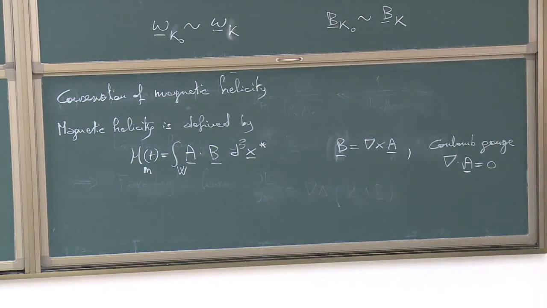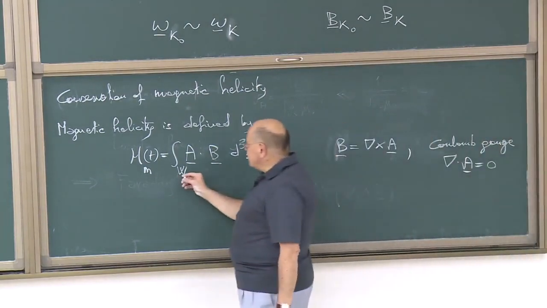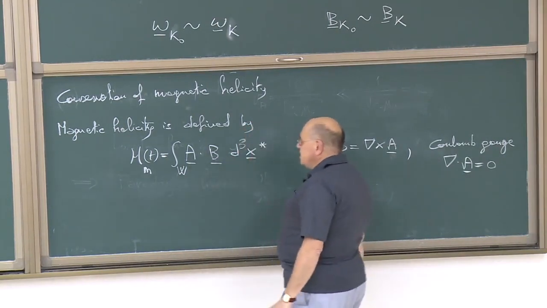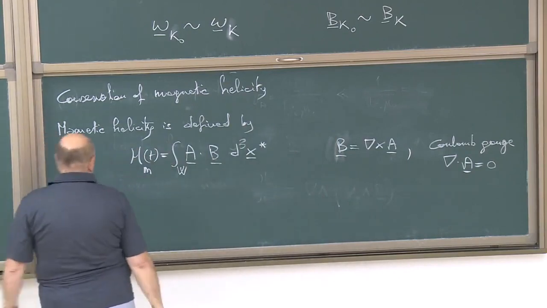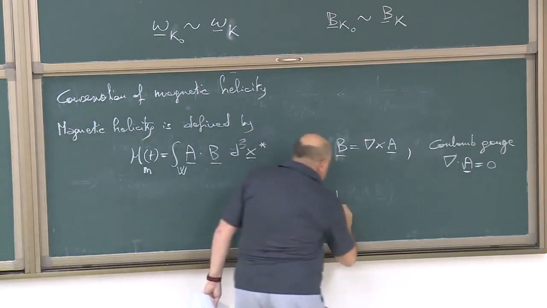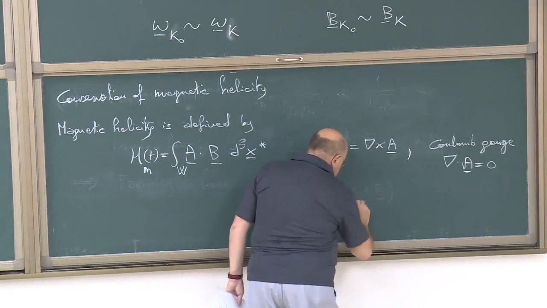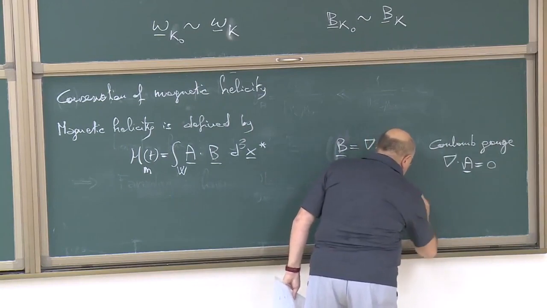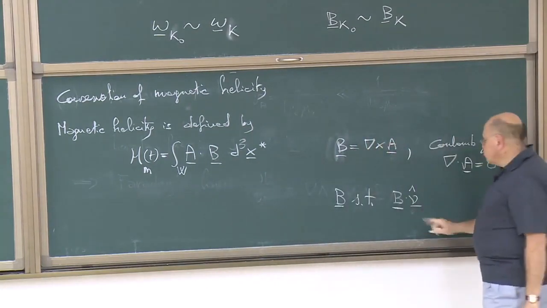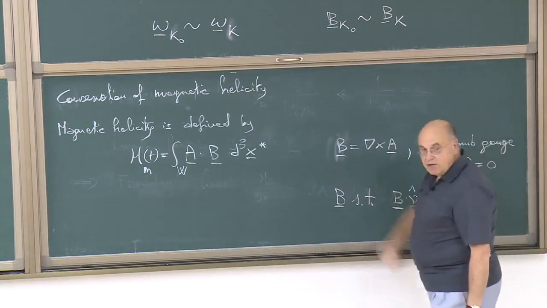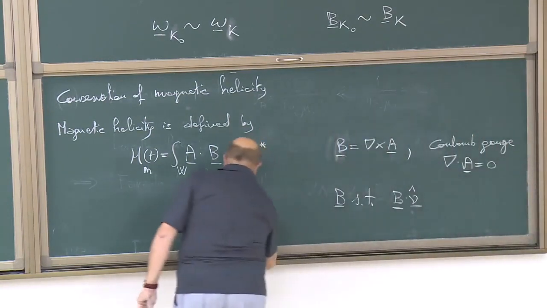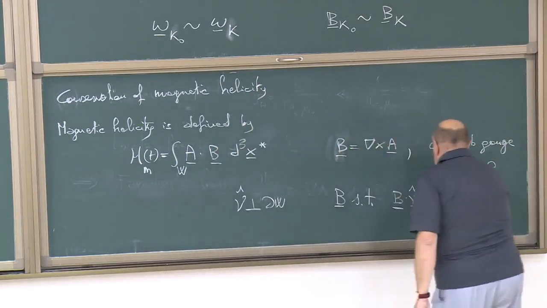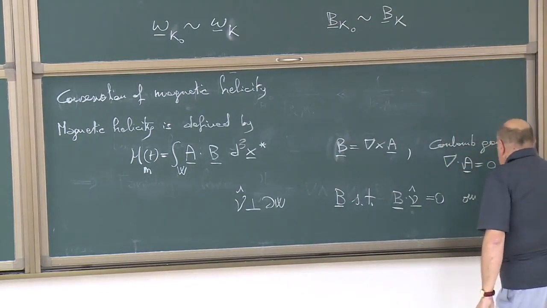And then it's still important to add one more thing. The domain of definition of B: I take B such that B dot nu, nu being the normal to the boundary of W, is 0 on the boundary.